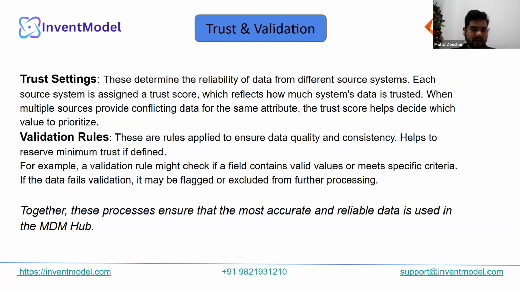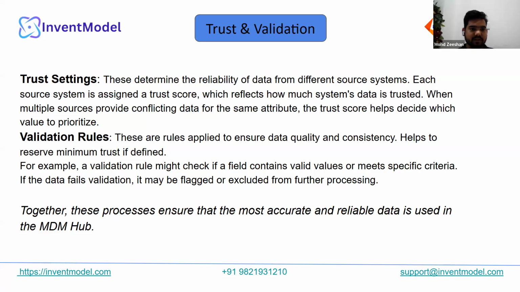And validation means we can apply some rules. Suppose we are getting some inconsistent data. For this, we can define a rule for what type of data we want to get. That is the validation. We can use different logic which is already defined in the MDM, and we can also write our own logic if we want.